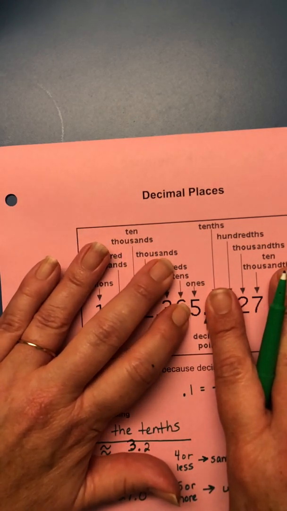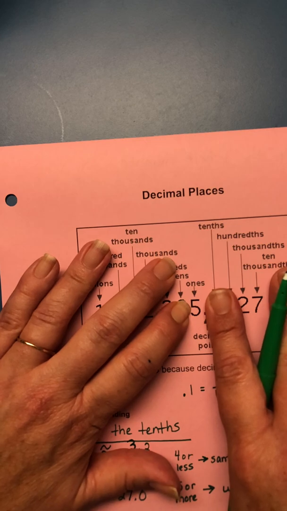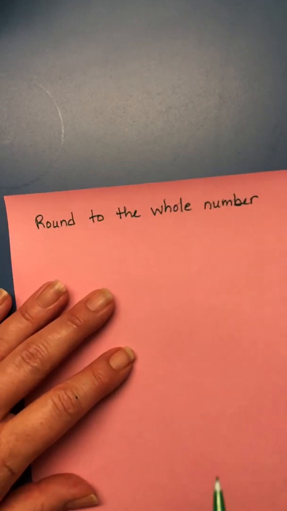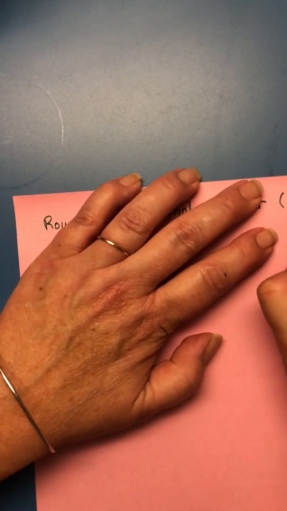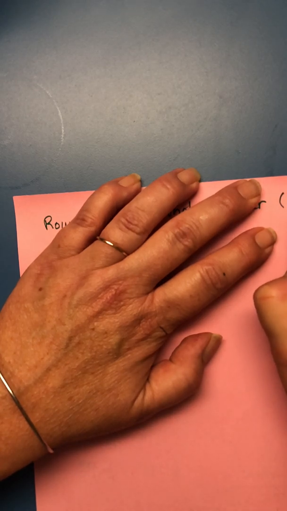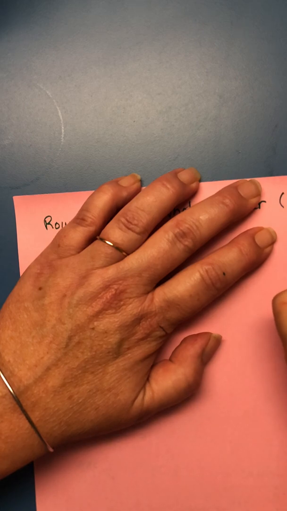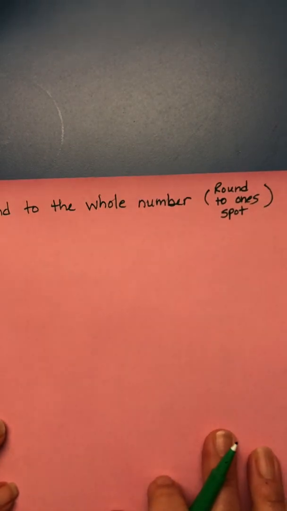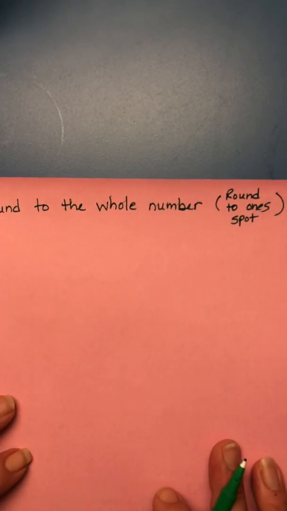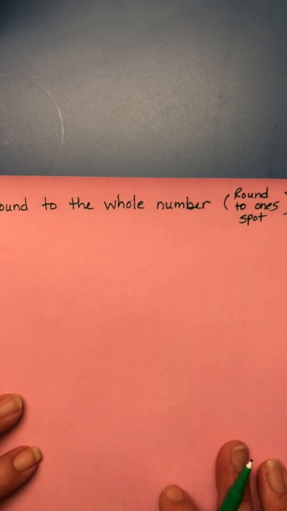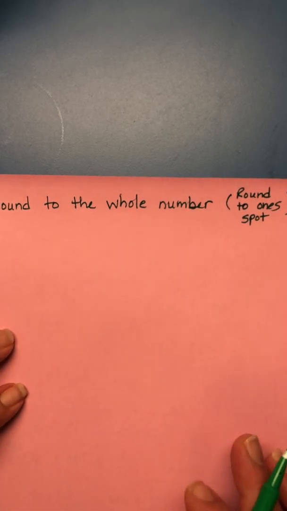So we're just basically saying round to ones, to the one spot. If it makes it easier, you can remember it that way. Round to the one spot. Okay? So, let's go ahead and try one.